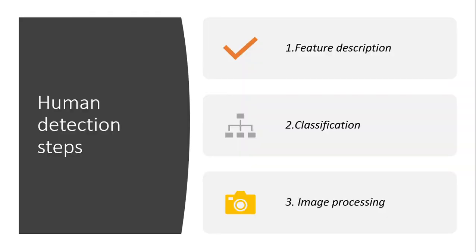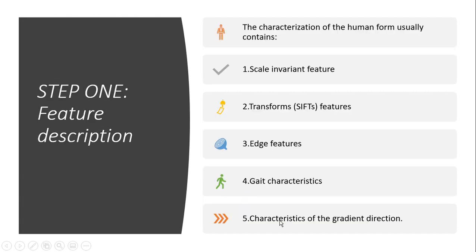Okay, let's see how we are going to detect the human. For step number 1, we are going to describe the feature. Step number 2, classification, and finally doing the image processing.